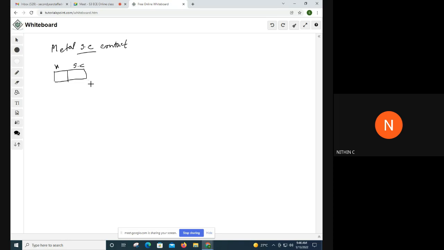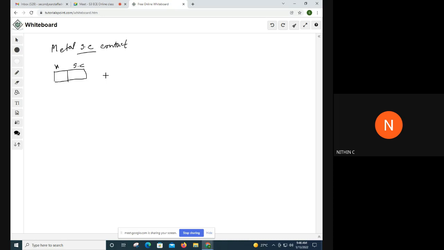Ohmic contact means there will be current in both directions, whereas in rectifying contact there will be current flow only in one direction. Rectification means the current passes only when the diode is forward biased, that is, unidirectional flow of current. So this metal semiconductor contact can behave either as a rectifying contact or as an ohmic contact. Ohmic contact means current passes in both directions.